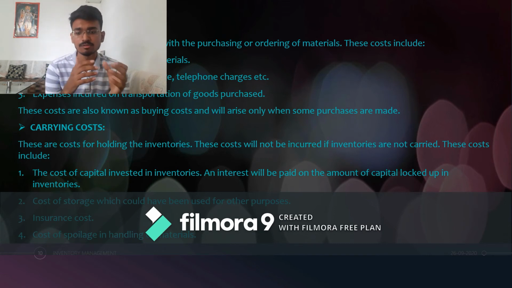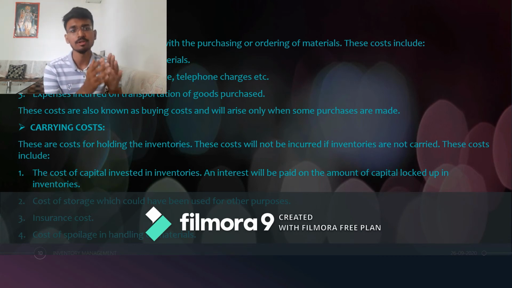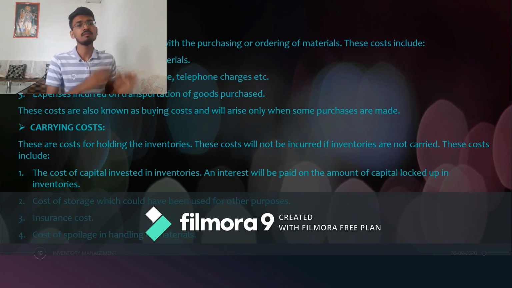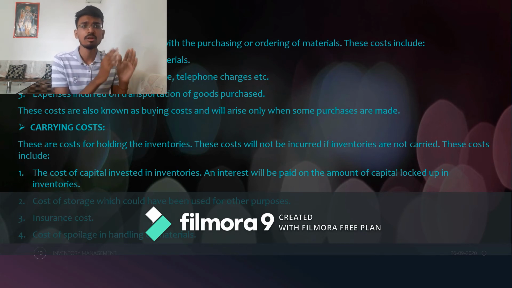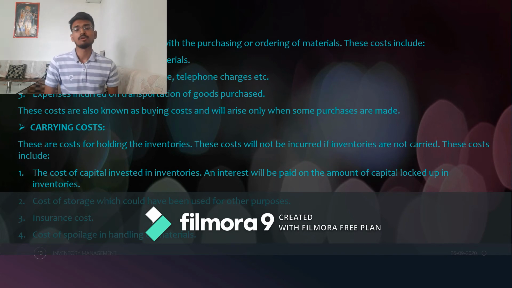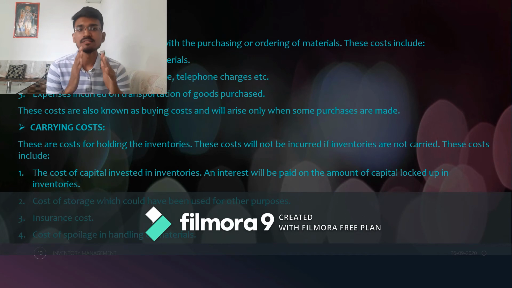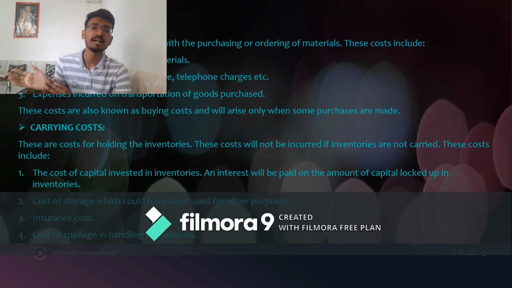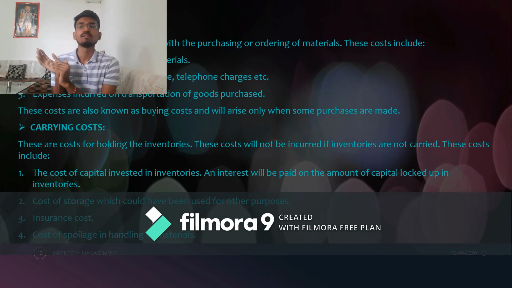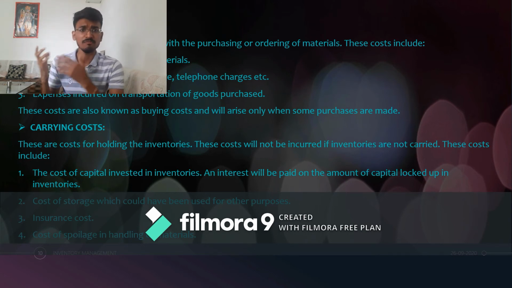Next is carrying cost. What is carrying cost? Carrying cost is the cost of holding inventory for future purposes. Holding that inventory also costs us some amount, which includes, first, the cost of capital invested in inventories. Second is the cost of storage. We store the inventory in a warehouse or godown, for which we have to pay rent.